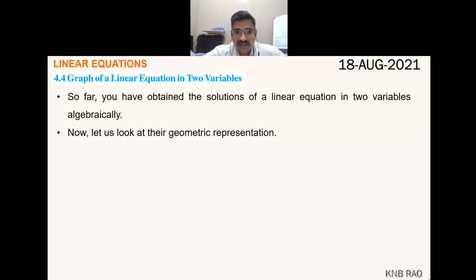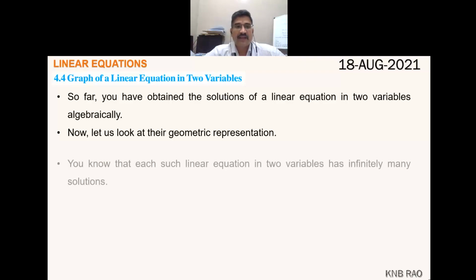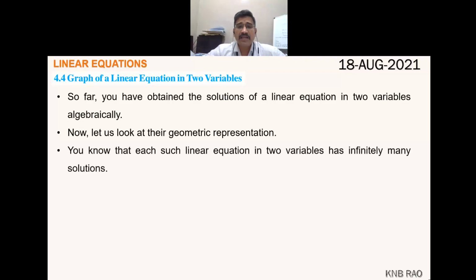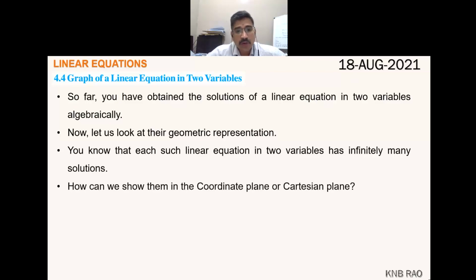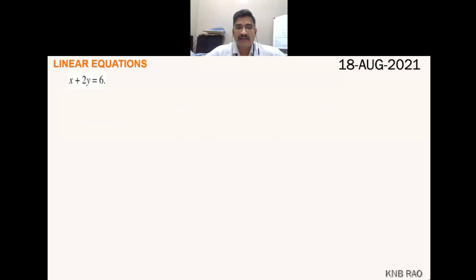Now, let us look at their geometric representation. You know that each linear equation in two variables has infinitely many solutions. How can we show them in the coordinate plane or on the Cartesian plane? This is the work we are going to do.